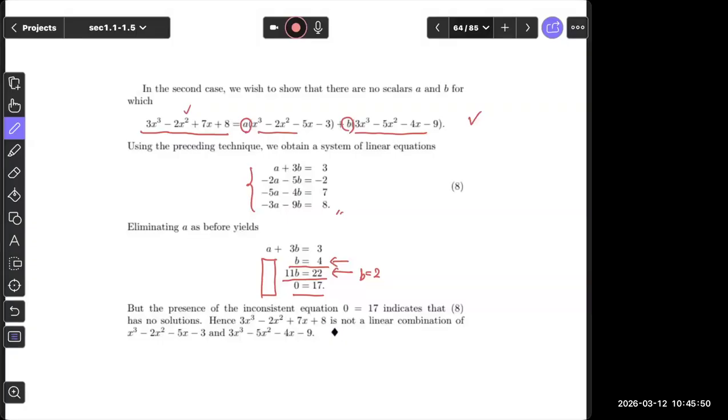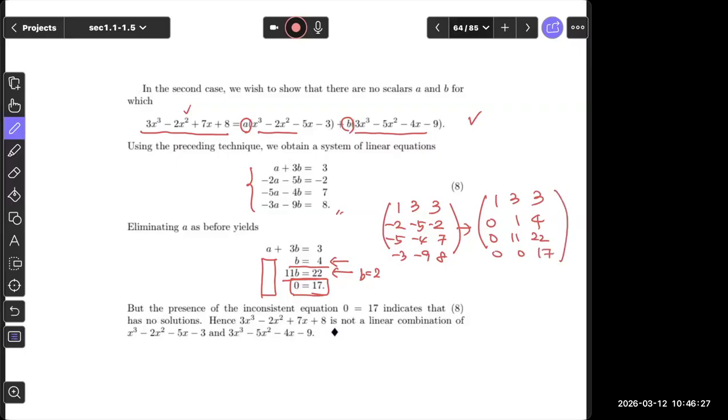When I perform some row operations, at some point you have 0 equals some non-zero value. That means if I have the augmented matrix, this matrix is transformed to this.